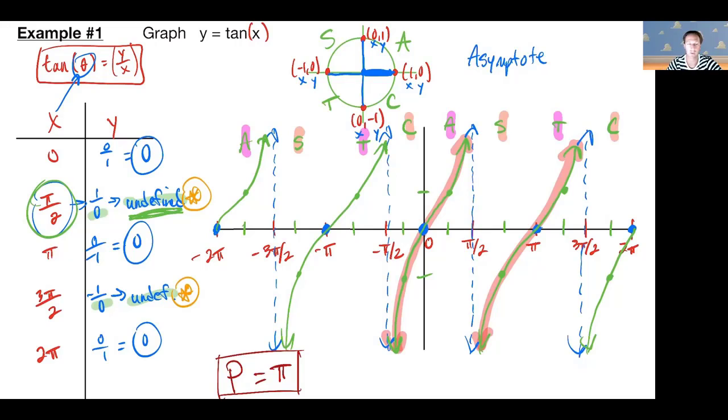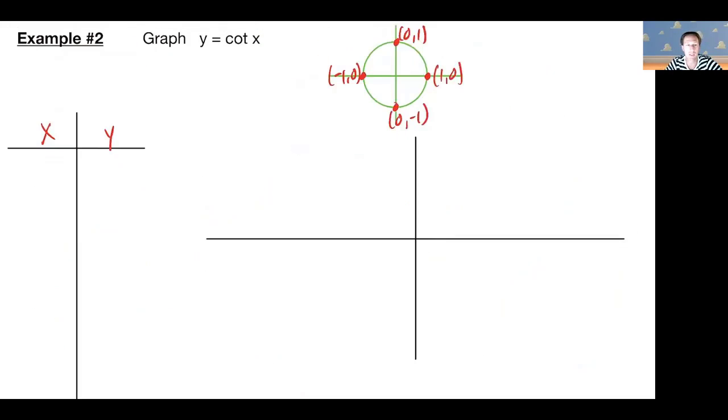Okay? So just giving you the basics here, let's take a look at cotangent now, which remember is just the reciprocal. All right, so here's example 2, which we're just deriving the parent graph of cotangent now. So remember, we're still going to use the unit circle because it's the easiest, a radius of 1. We have all the x's and all the y's for all 1, 2, 3, 4, technically 5 quadrantal angles.